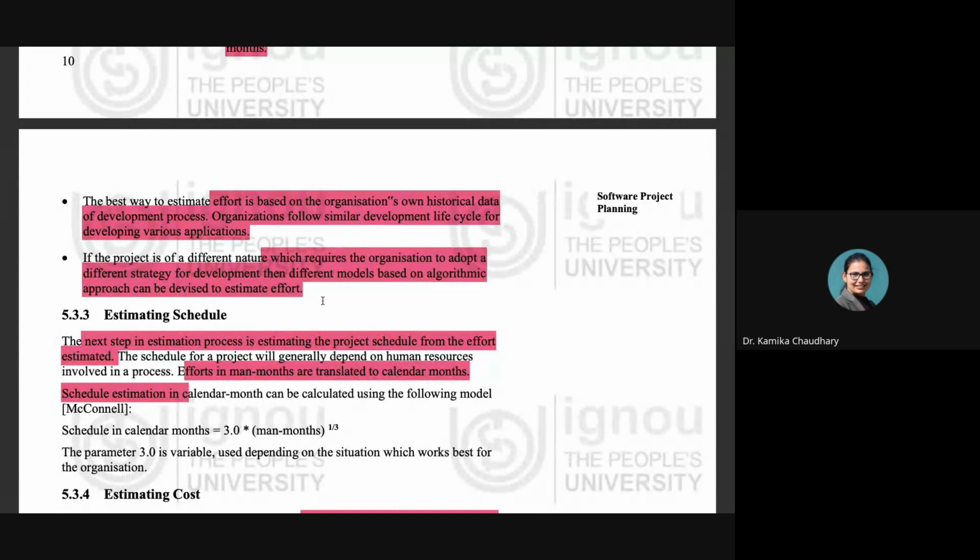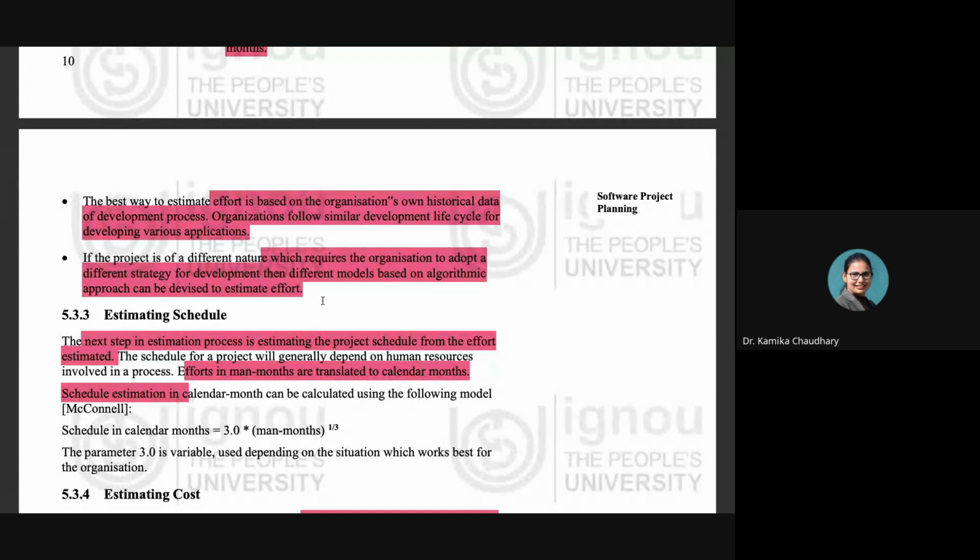Now the company has to work from a different perspective, because it does not have a model of such kind from the past. So it has to depend on the development of another model by making use of various algorithms, and then estimate the efforts, right?